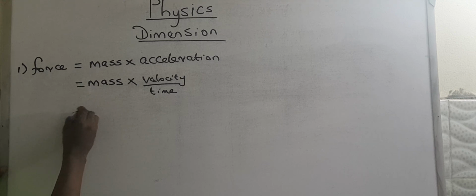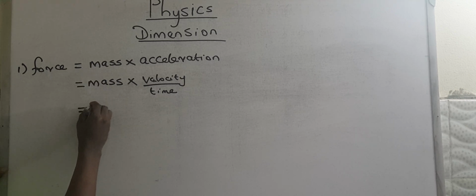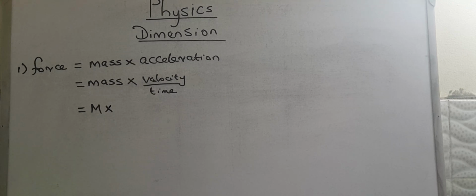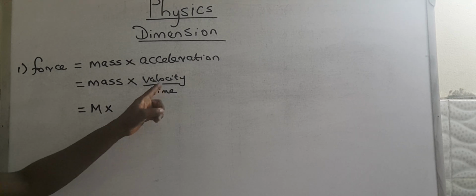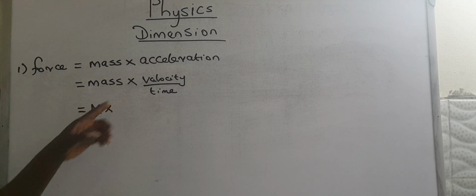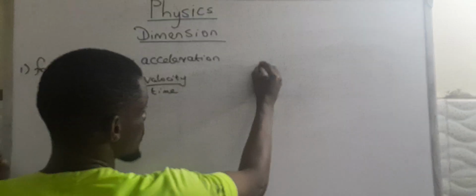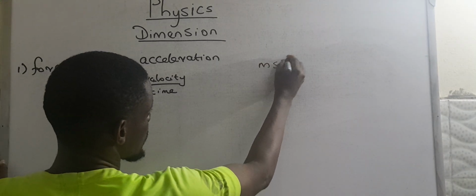Alright, so this gives us dimension of mass is capital letter M, dimension of velocity. So for you to do this, you can use the units of the physical quantities to get the dimension. So the unit of velocity is meters per second.